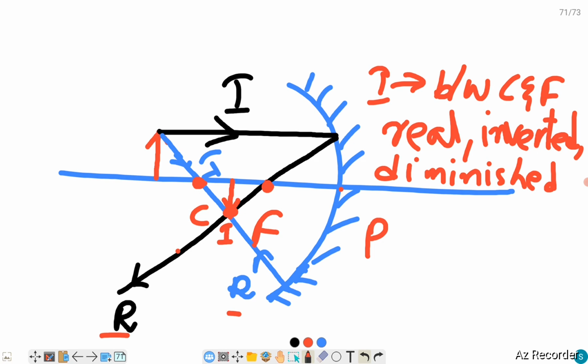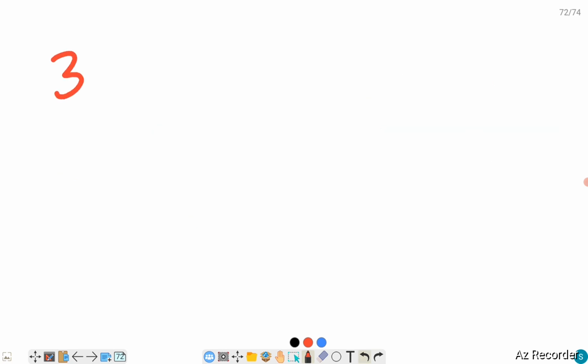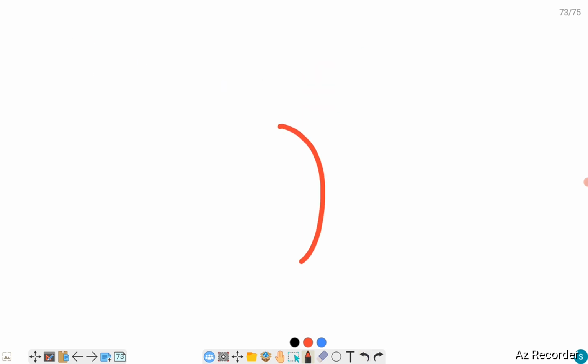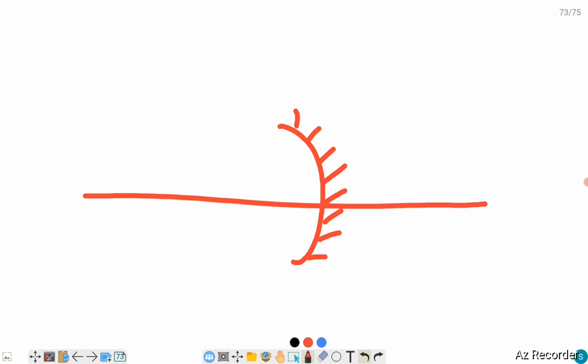Now we will see the third one, object placed at center of curvature. Now take the mirror and draw the principal axis, mark pole, focus and center. Okay, now the object is placed at center.